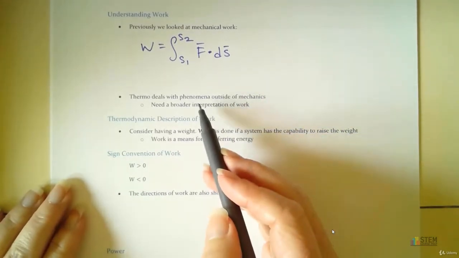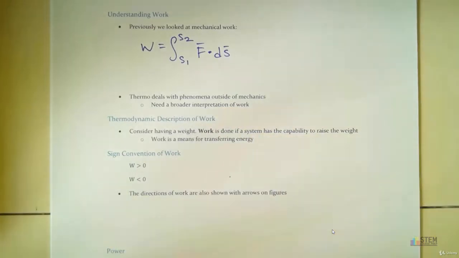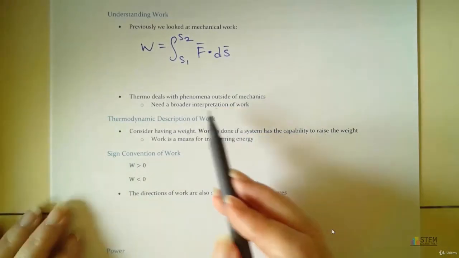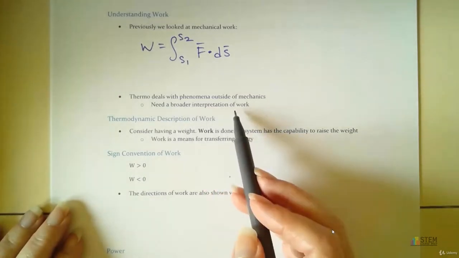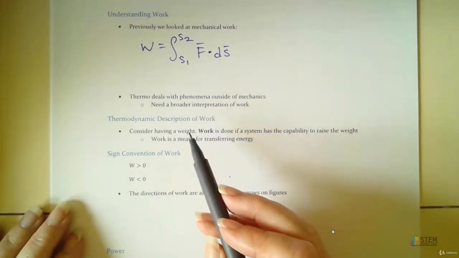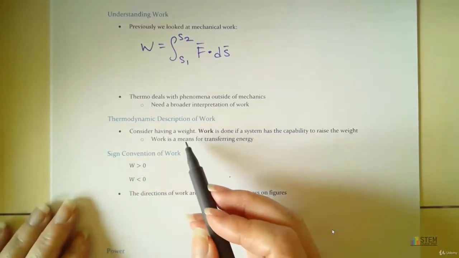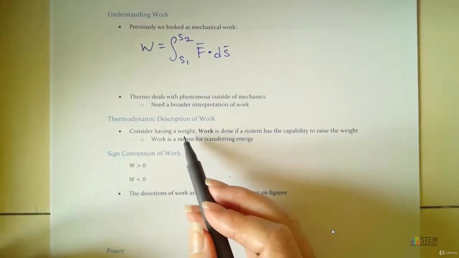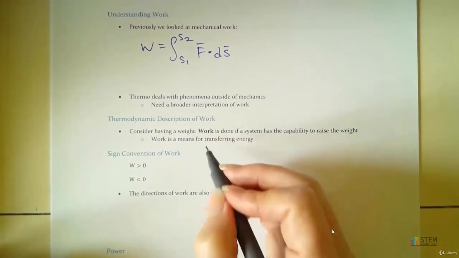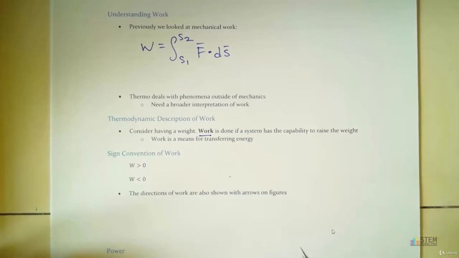Now in thermodynamics, we've got other things to consider besides just mechanics. All right, we need a broader interpretation of work. So the way that we're going to describe work in here is a little different. The way I want you to think about it is I want you to consider having a weight of some kind. All right. Now, work is going to be done if your system has the ability to raise the weight.